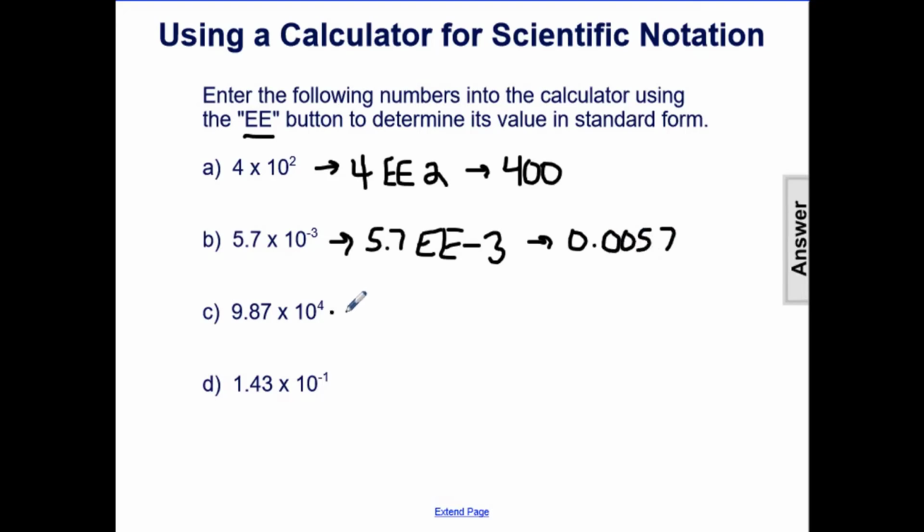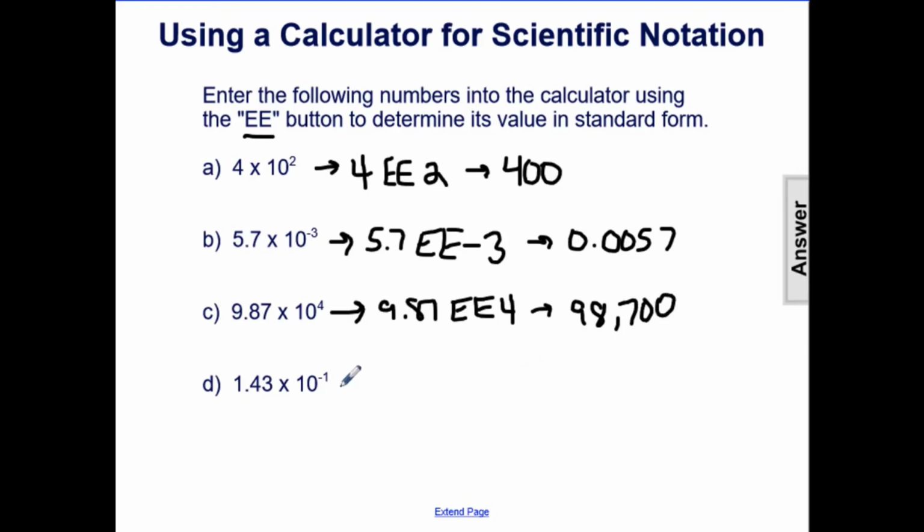For C, 9.87 times 10 to the 4th, you want your coefficient 9.87, then the EE button, and 4 as your exponent, which should read on your calculator 98,700.